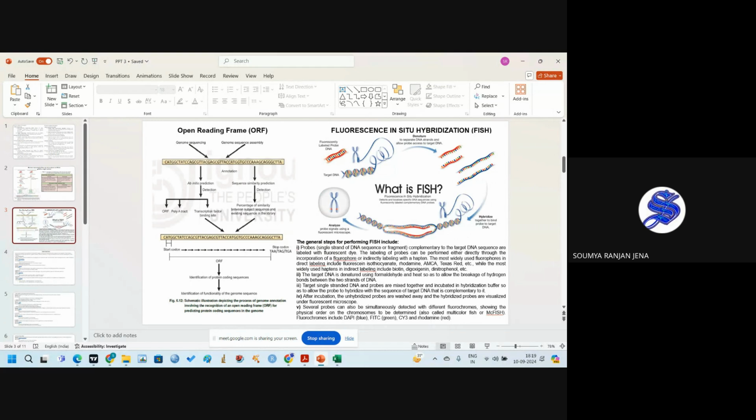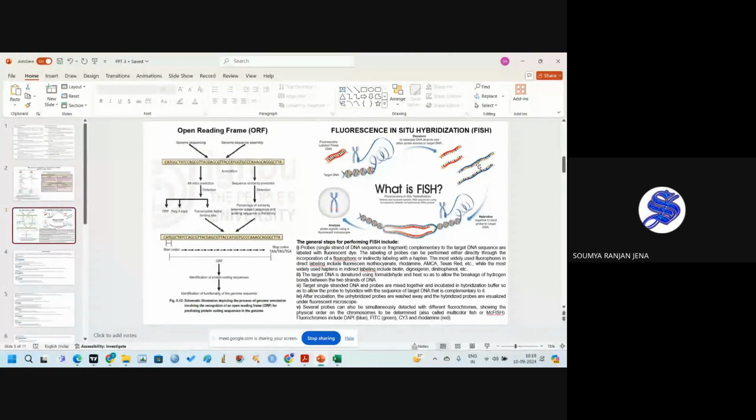These are called indirect fluorescence dyes. Then the target DNA is denatured using formaldehyde and heat. If we apply heat to the DNA sequence, heat easily breaks the hydrogen bonds between A and T and G and C, giving rise to single-stranded DNA.